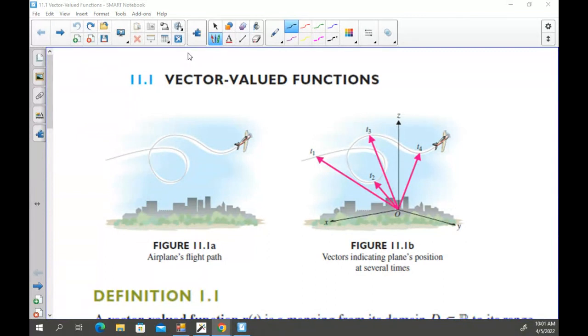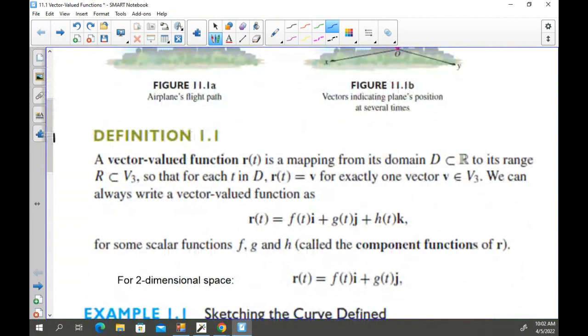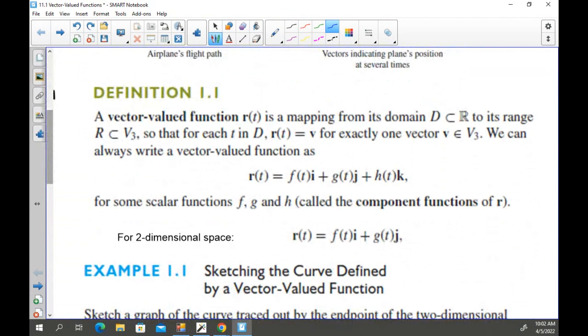Okay, so chapter 11, we'll take a look at vector-valued functions, which are functions which basically can be written in 3 dimensions. They are in this form. r(t) is f(t) multiplied by the vector i, g(t) times j, plus h(t) times k.